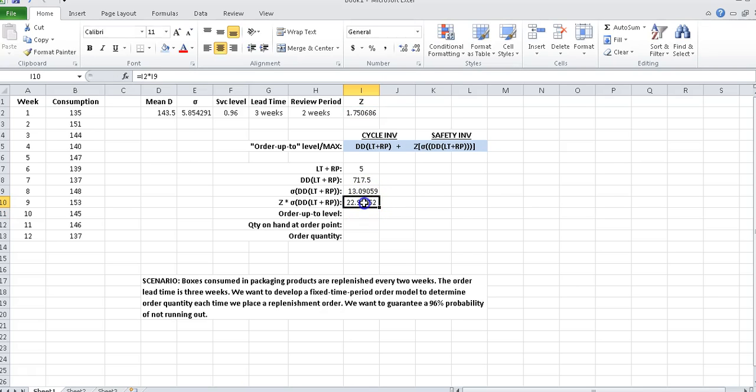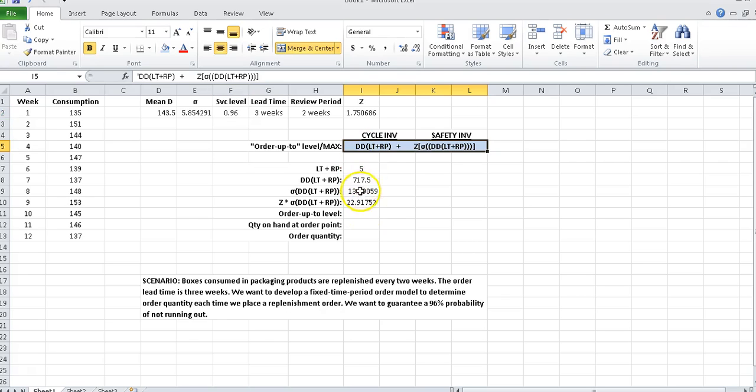And so our safety stock is going to be just under 23 units. That is the standard deviation of demand during lead time plus review period multiplied times our Z level to get to 96%.